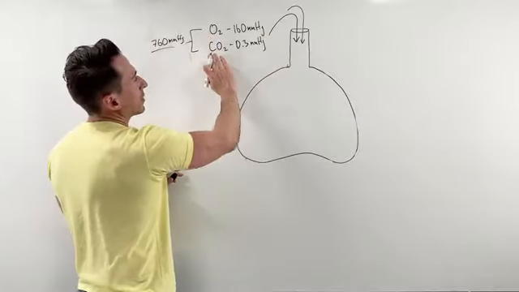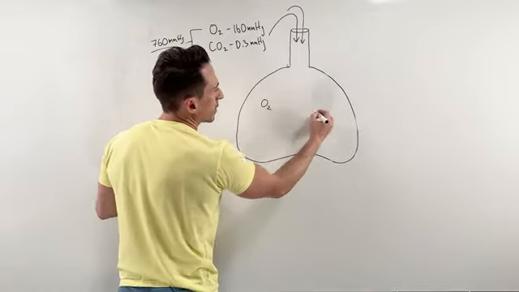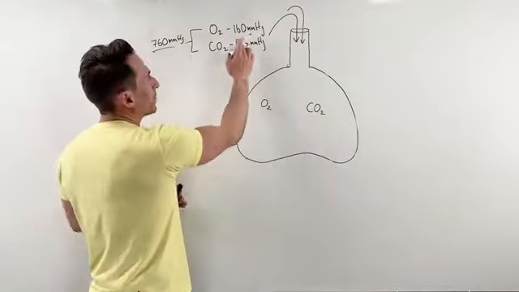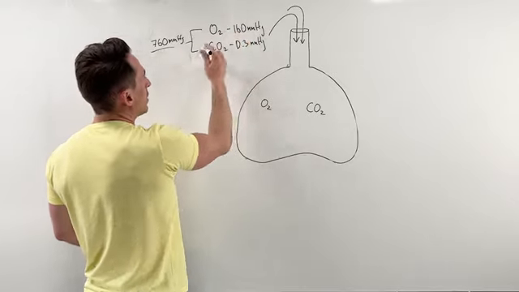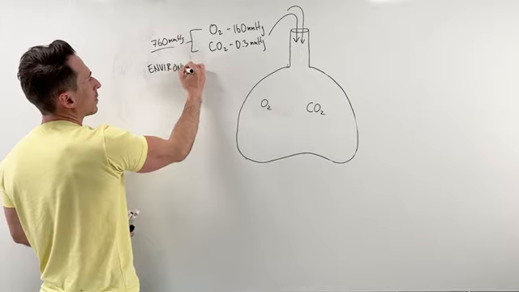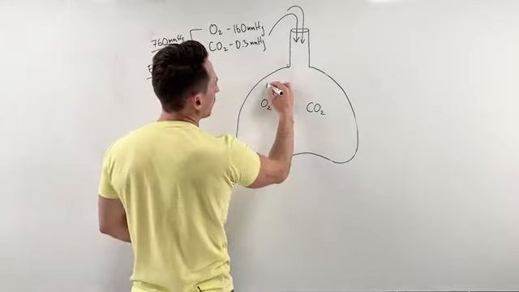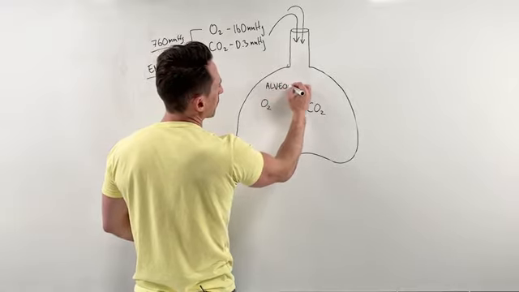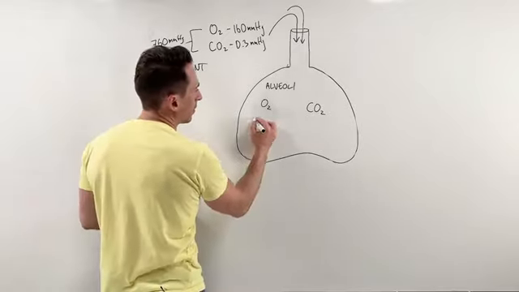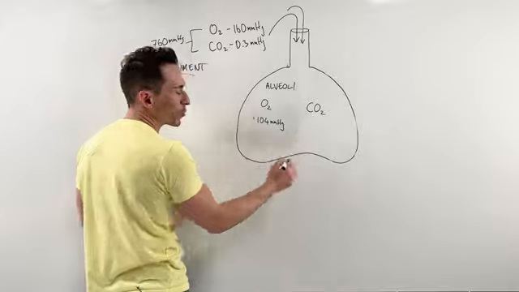So once the oxygen is in, let's draw oxygen up here. Let's draw carbon dioxide here. Here's the interesting thing. Once it goes from outside in the environment into the alveoli here, the oxygen goes from 160 to 104.